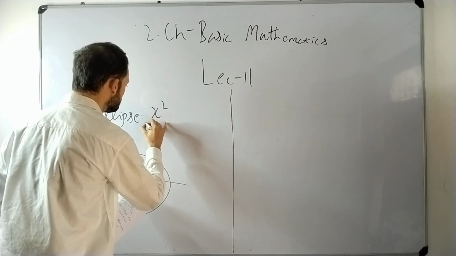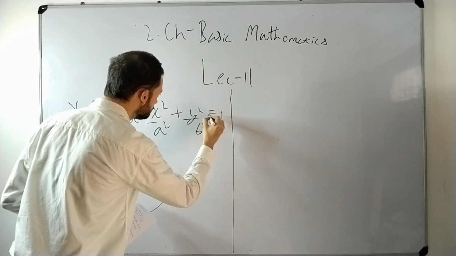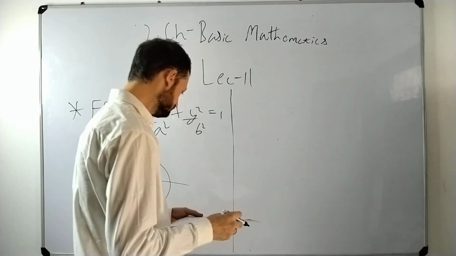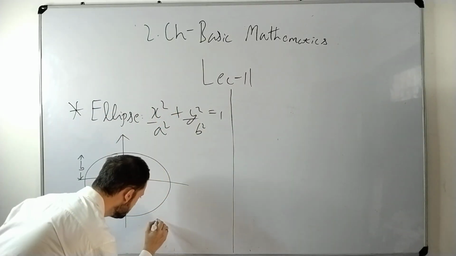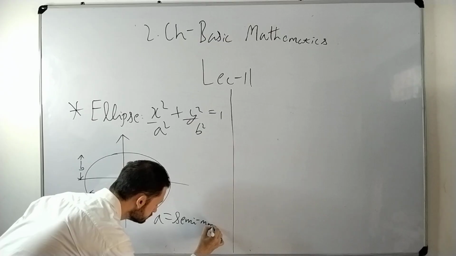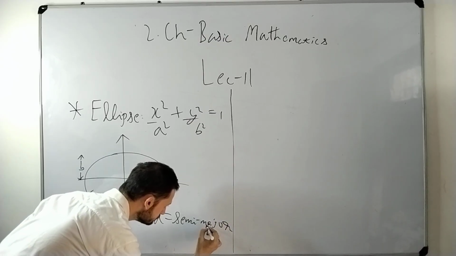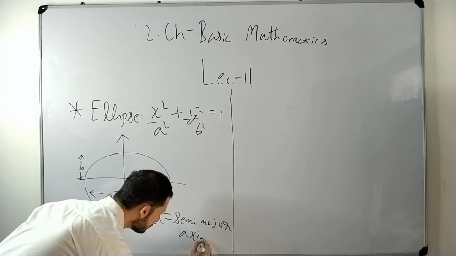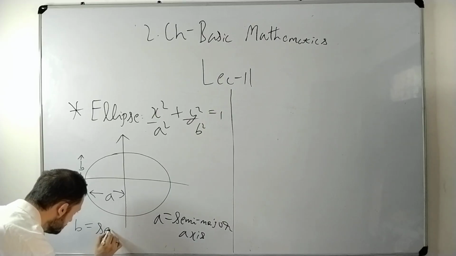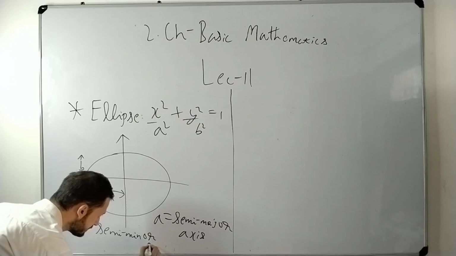The equation of the ellipse is x square upon a square plus y square upon b square equals 1. Right, students? So A happens to be the semi-major axis. And B is what, students? Semi-minor axis.